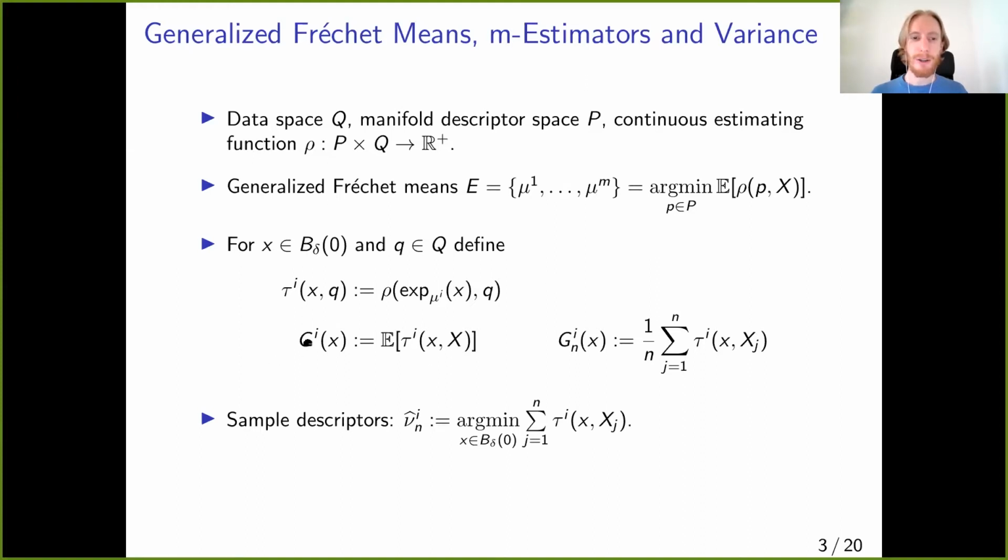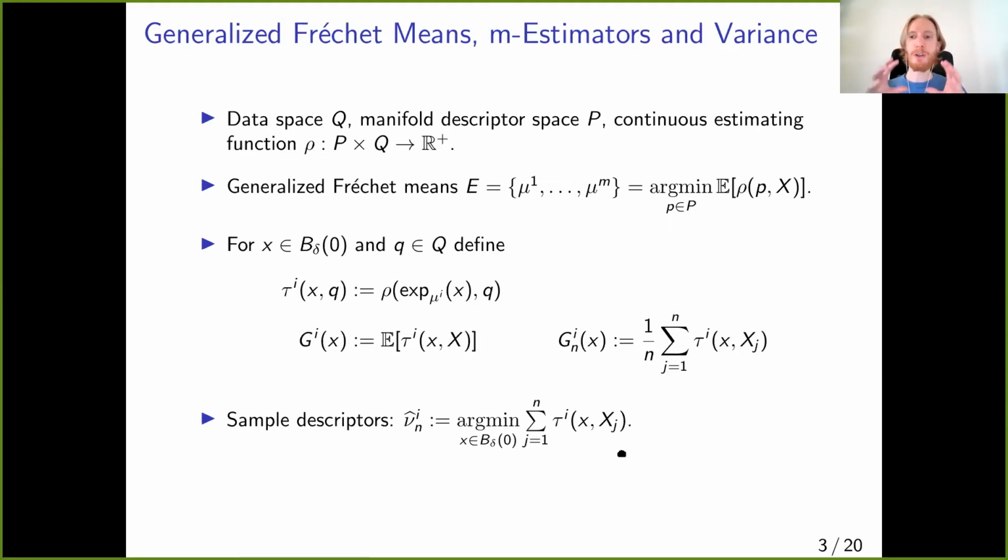And we define correspondingly local population Frechet functions and local sample Frechet functions. And then for every local sample Frechet function, we can get the minimizers, which are then local sample descriptors. So for every global population descriptor, we have a local sample descriptor.